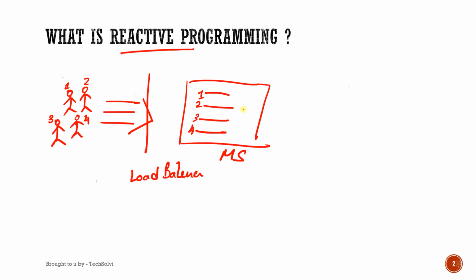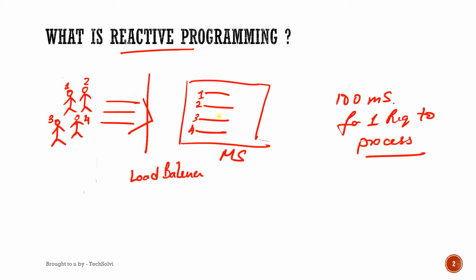Now suppose that to execute one request, the microservice takes 100 milliseconds. In this 100 millisecond time frame, say we have 10,000 requests coming in.